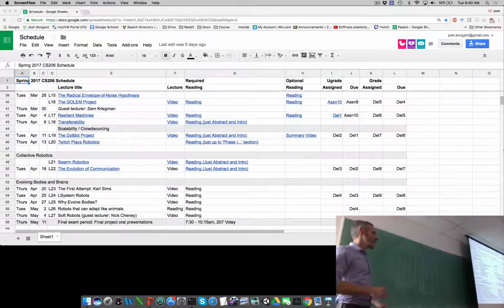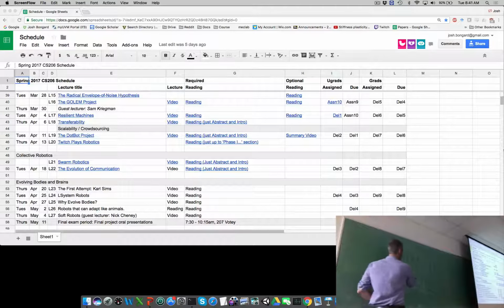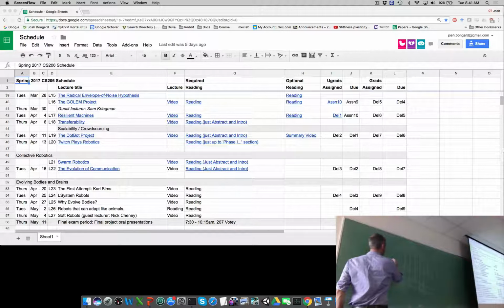Let's imagine that you want to ignore what the robot does for the first half of its lifetime, and you only want to compute fitness based on what it does in the second half. Where is that information in this matrix? Rows where t is greater than T over 2. Right, lowercase t, time step subscript t greater than big T divided by 2.